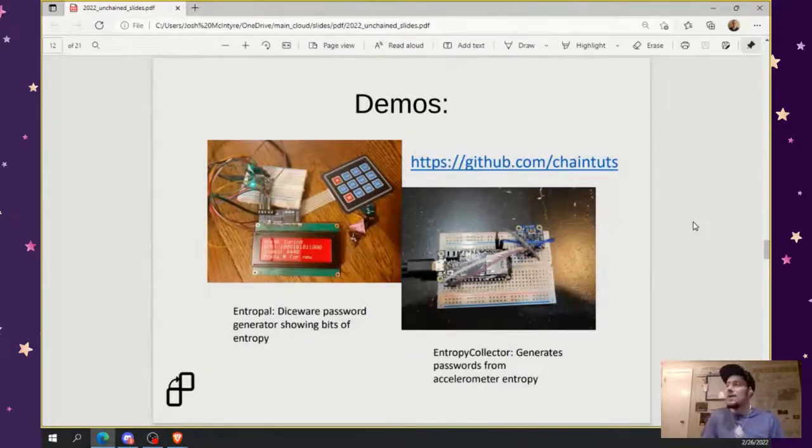Another example is an entropy collector that uses an accelerometer. So it collects a bunch of data from your random movements at short intervals and feeds them to one of these cryptographically secure functions. So it's really interesting to see examples of this and break down on a more macro scale how these algorithms work.